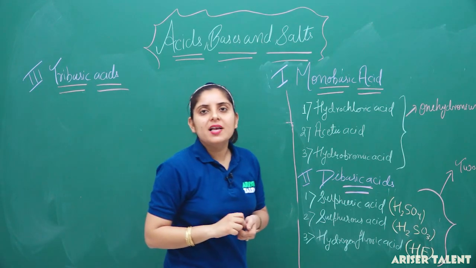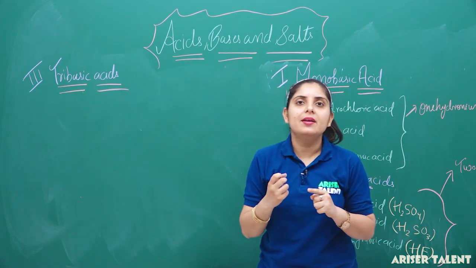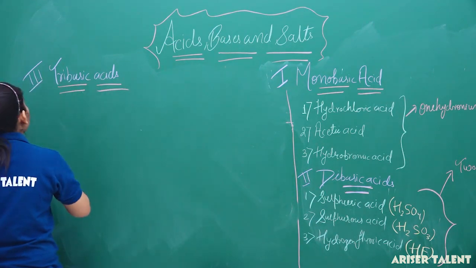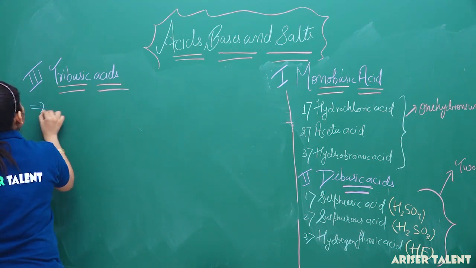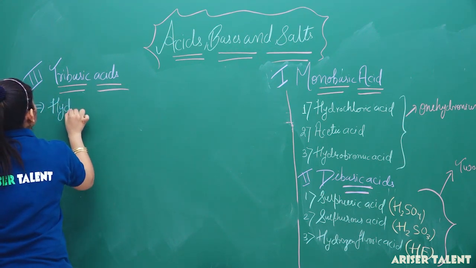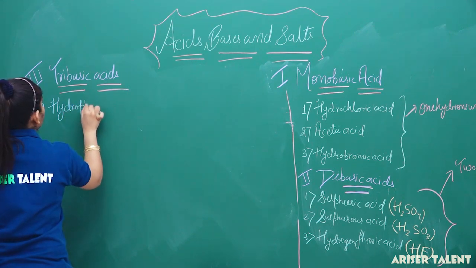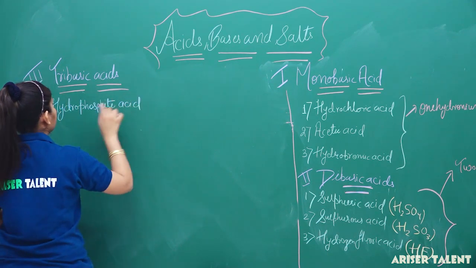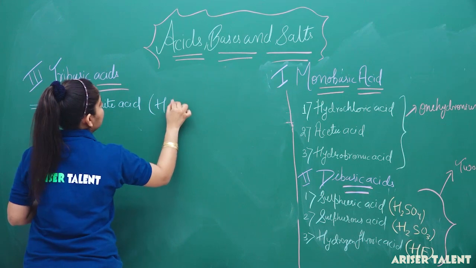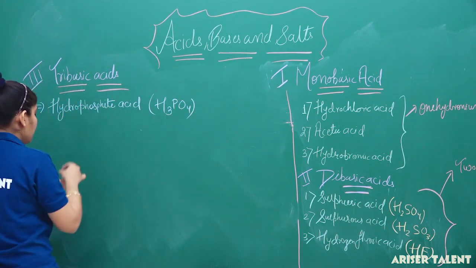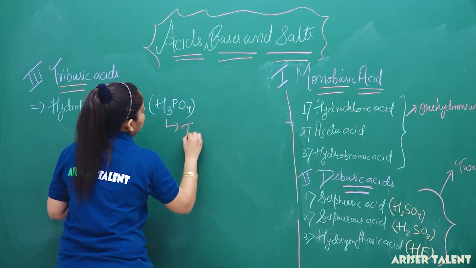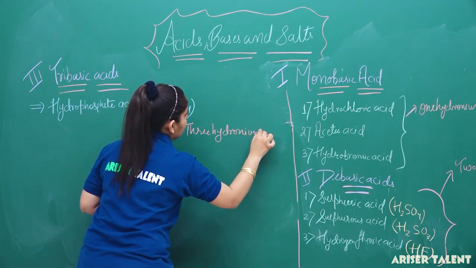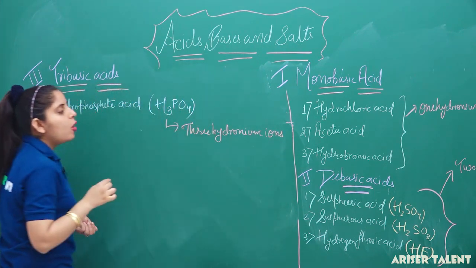Tribasic acids are those acids which give 3 hydronium ions when 1 molecule of acid is dissolved in the aqueous solution. So we have only one example in this category, and the example here is phosphoric acid, that is H3PO4. Now this acid will give 3 hydronium ions when 1 molecule of acid is dissolved.